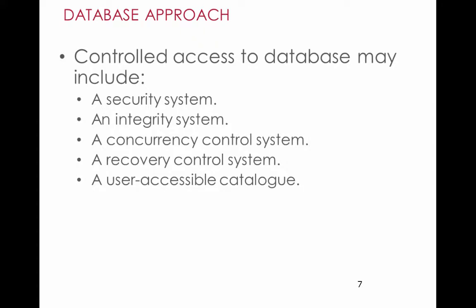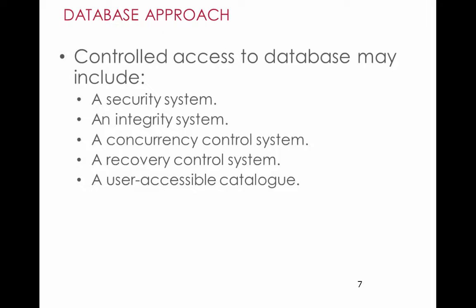So some of the functions that come with this database approach are things like security systems, integrity systems. Security has to do with who can get into the system and what people can see once they get into the system.